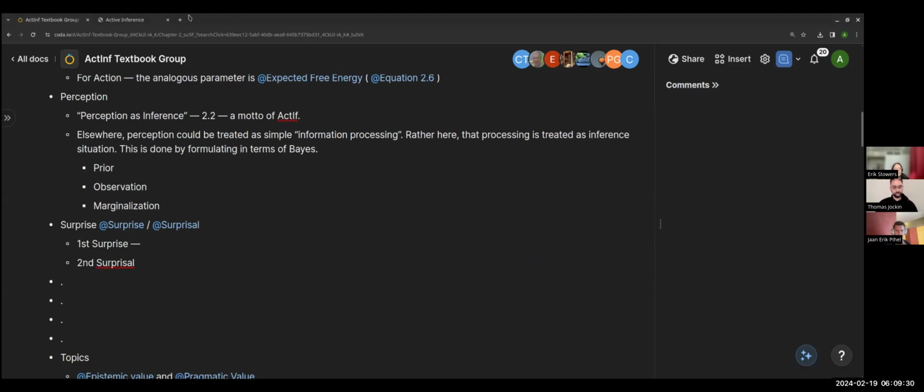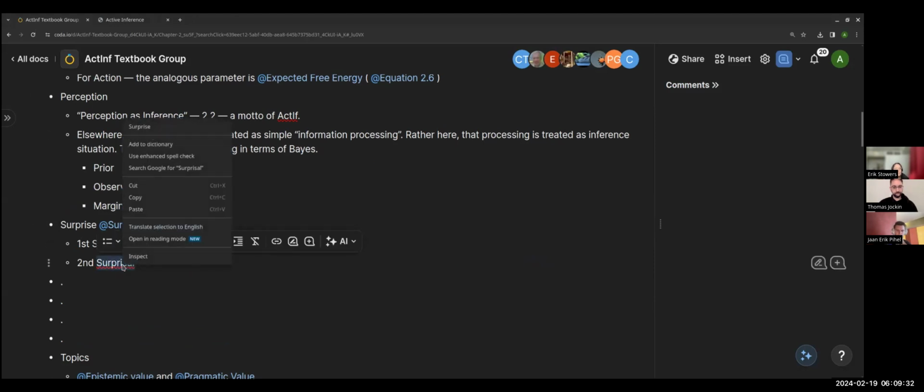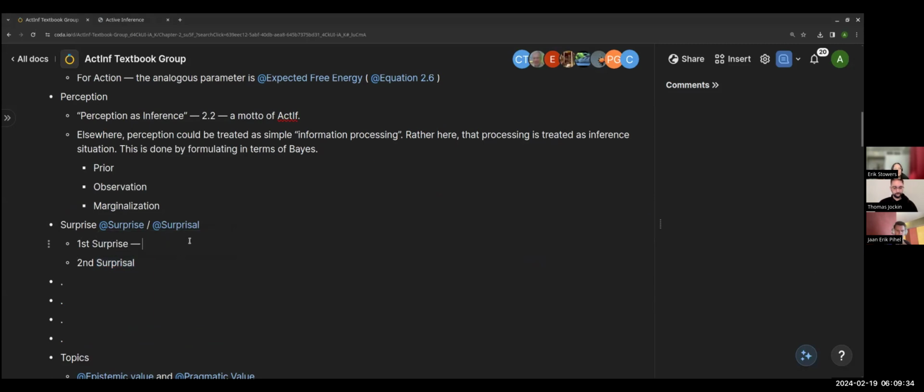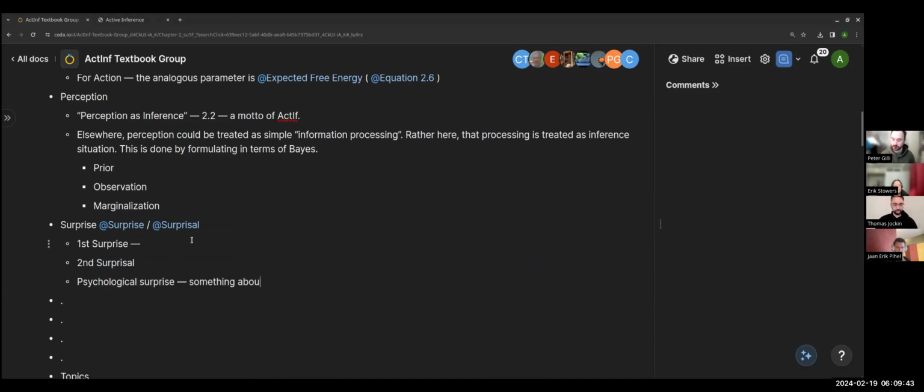So when we talk about psychological surprise, it connotes something about the affective notion of that surprise. I mean, we need to be affected by an unexpected observation in order for us to be surprised.